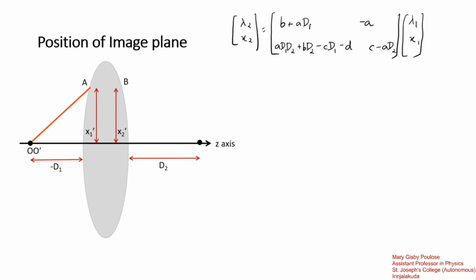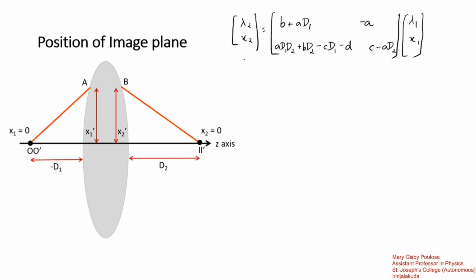The light ray from the point object translates through air, then meets the lens at point A, then the lens operates upon the light and it emerges from point B, again translates through air to the point I dash. Here, the height of the object x1 is 0 and height of the image x2 is again 0.